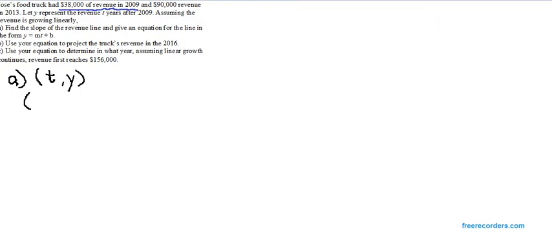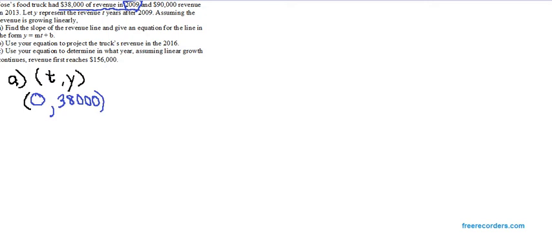Well, y is the revenue, so the y-coordinate of this point is 38,000. T stands for the number of years after 2009. How many years after 2009 is 2009? Well, 2009 is 0 years after 2009. So that gives us one of our 2 points.